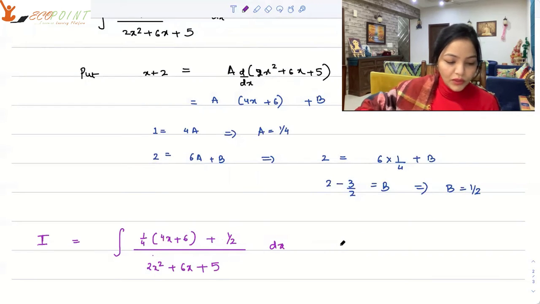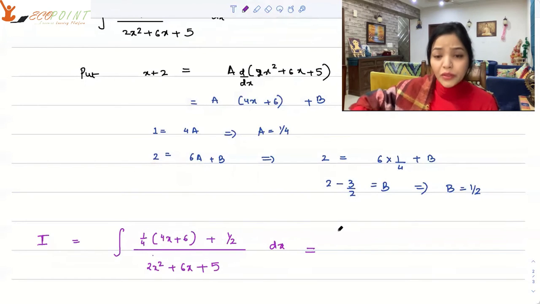Now what you can do is just simplify this. Simplify in the sense that you can break it up.